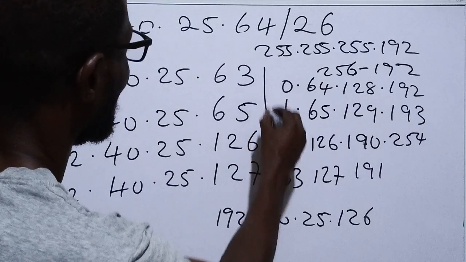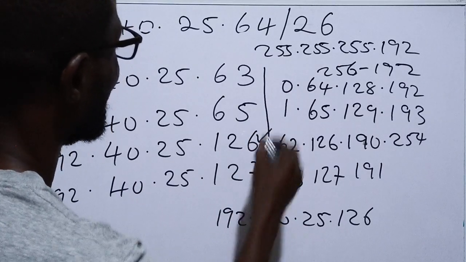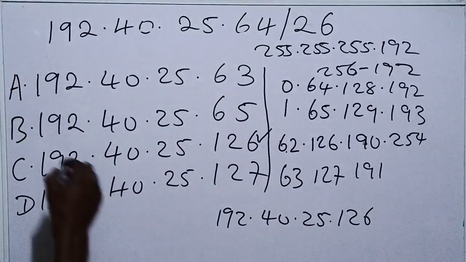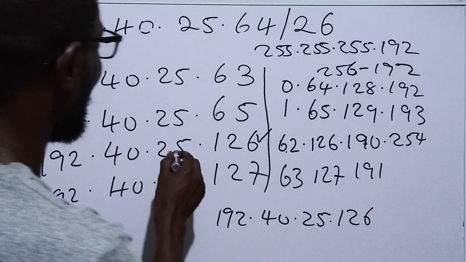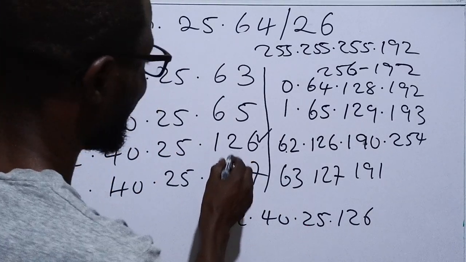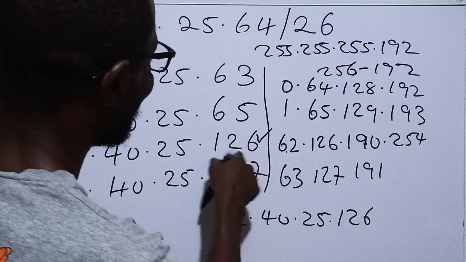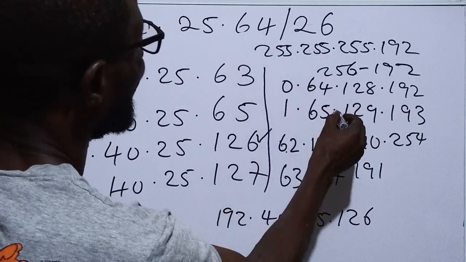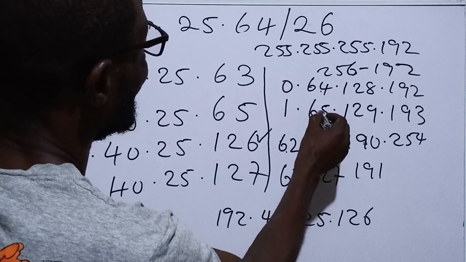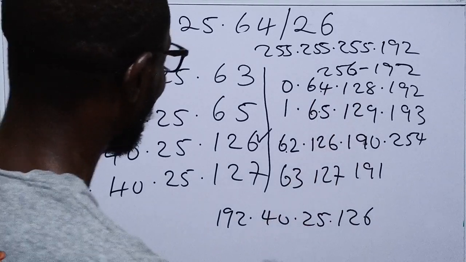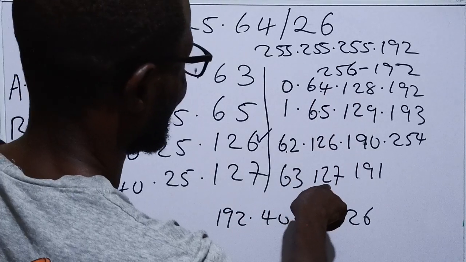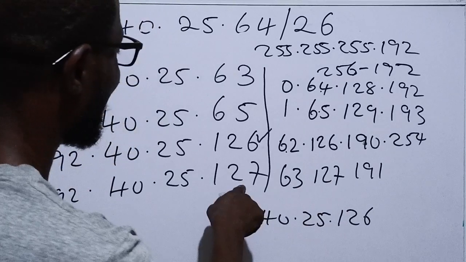This is it here. So this is the last IP address from this subnet. This is the first. The broadcast address is this, 127.